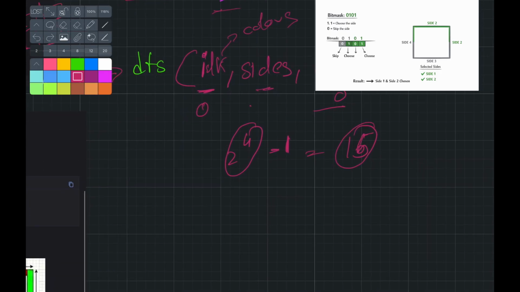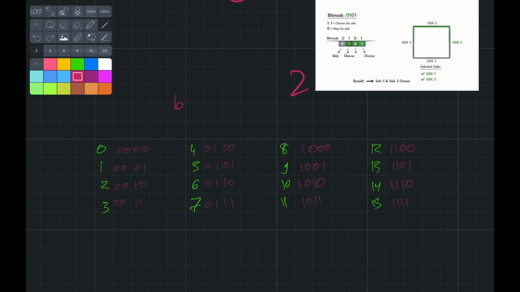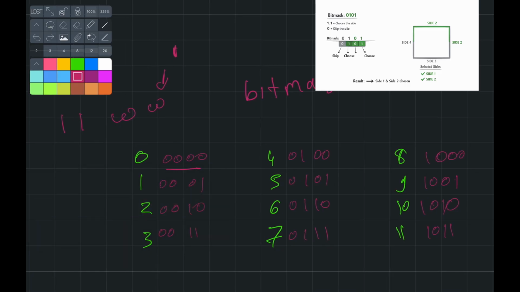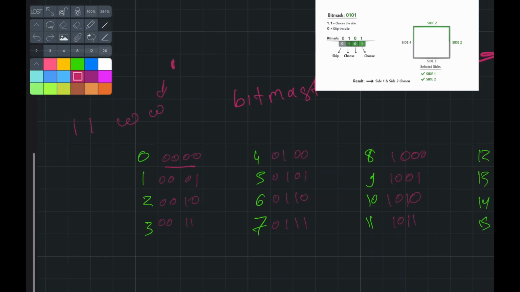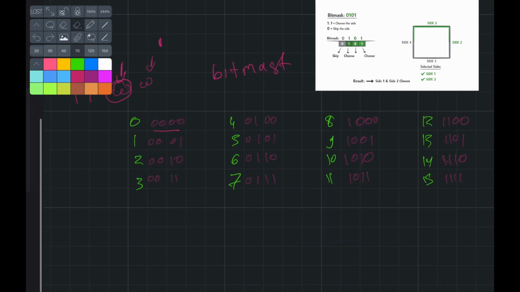So in bitmasking, each number is represented as bits. LLWW is there.